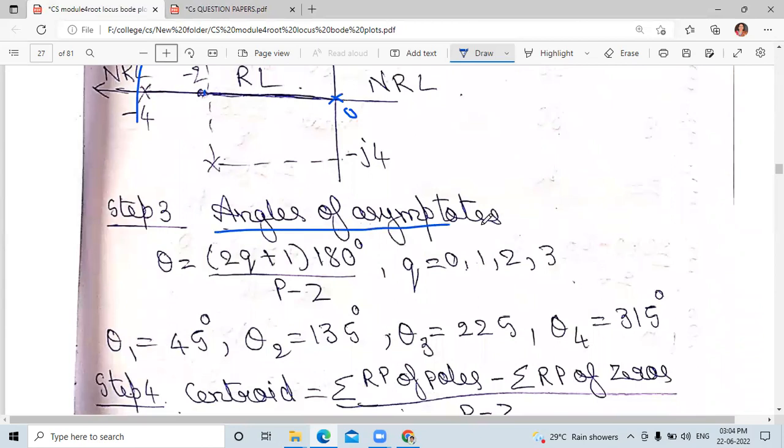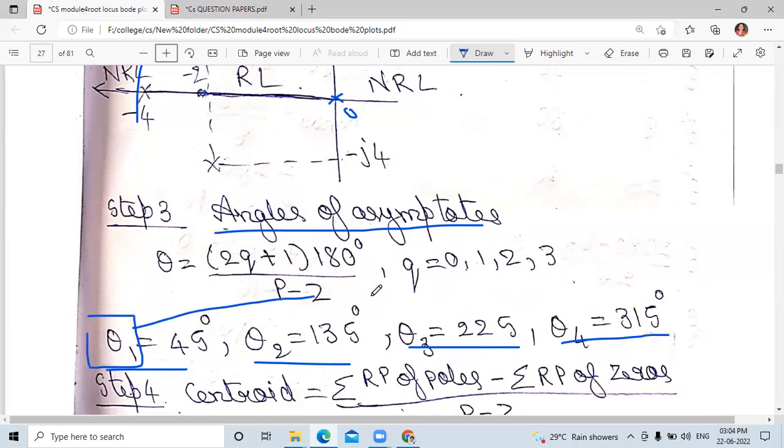Next, angle of asymptotes. So the number of branches is 4. So you need to find the theta 1, theta 2, theta 3, and theta 4 values. In order to calculate theta 1, you need to substitute q as 0. For theta 2, you need to substitute q as 1.